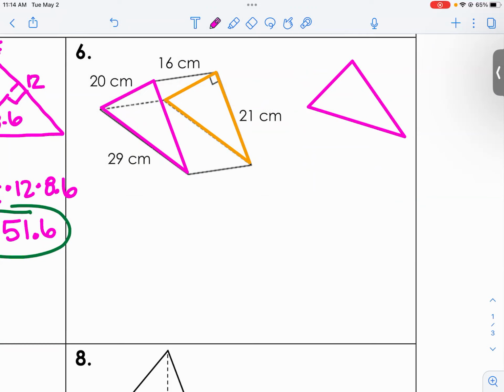Do you notice how there's a cute little right angle right here? So it also goes in this triangle. These 2 triangles are the same since it's a prism. So I'm going to draw that little right angle. That's good. We need a right angle to identify the height and the base. So this 20 goes with this side of the triangle. So I'm going to label this 20.